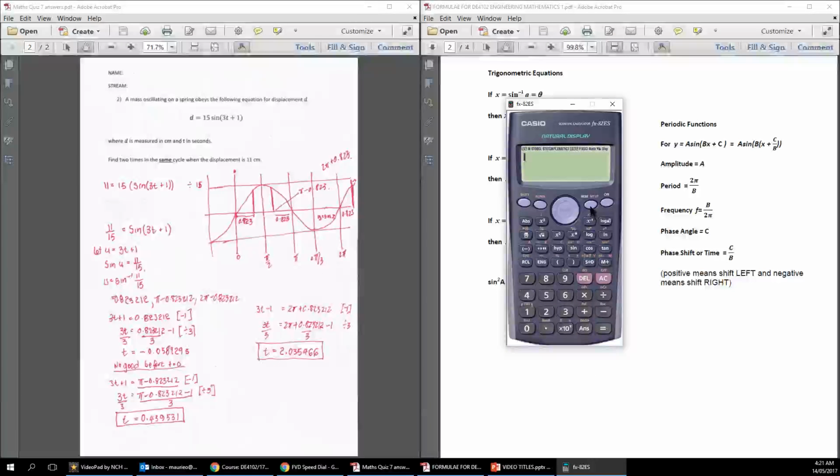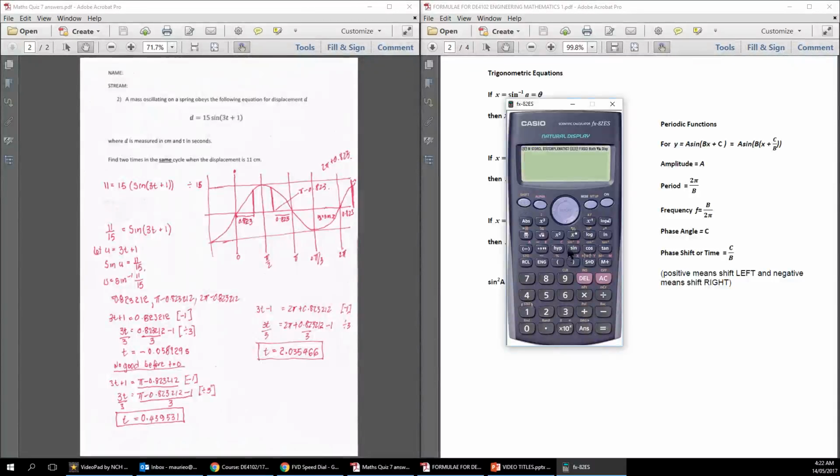And we need to make sure that we're in radians. Now, I've got to remember how to do that. I think it's shift setup, shift mode. Here it is, 4. So we're definitely in radians. All right, sine to the negative 1 of 11 divided by 15.